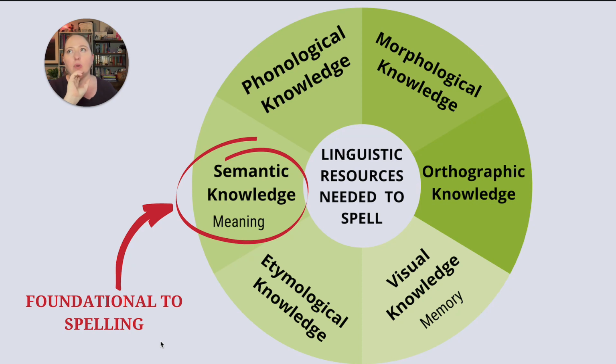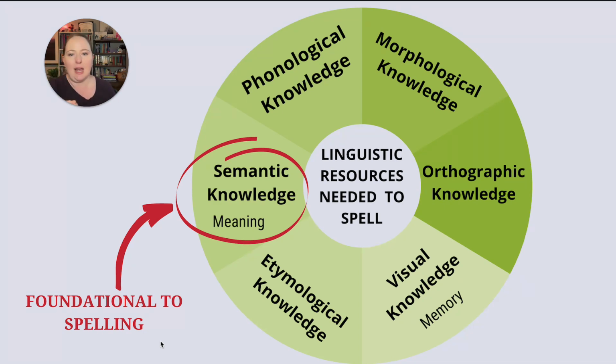Because if we are thinking of the word deer, for example, the animal deer, or like, oh dear, or dear, can you get that for me? Those like a term of endearment, right? We need to know which one we are using, because that tells us how to spell it, right? So meaning is really that foundation piece, and you've got to have that together.